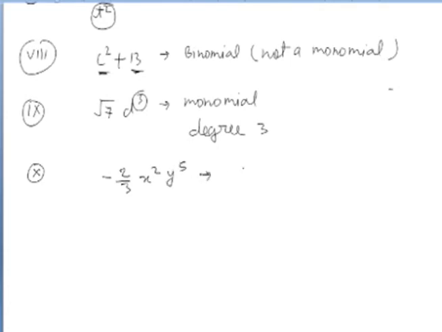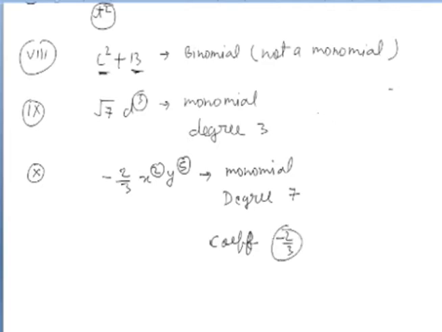Okay, so this is a monomial, and the degree is 2 plus 5 is 7. Degree is 7. So in this way we have to find the degrees of monomials. The numerical coefficient is minus 2 by 3, and here the numerical coefficient is root 7. Okay, so in this way we will find.